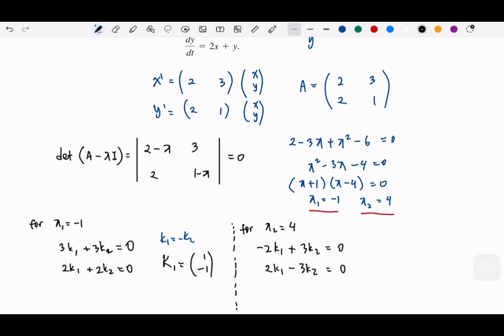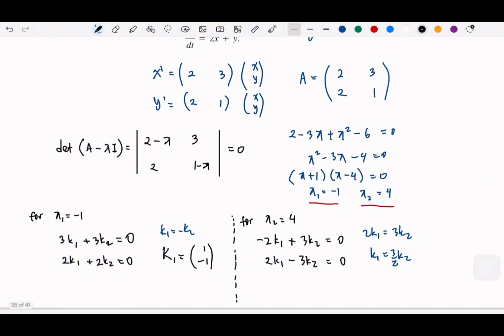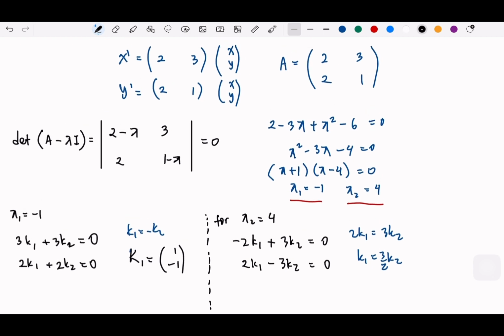So k1 is 3 over 2 k2. You can have fractions in your eigenvector, but I'm suggesting we write whole numbers.